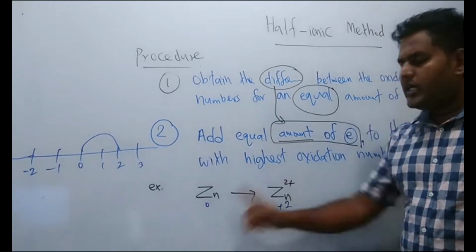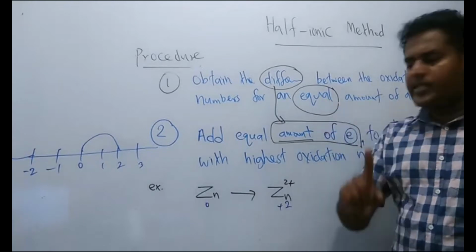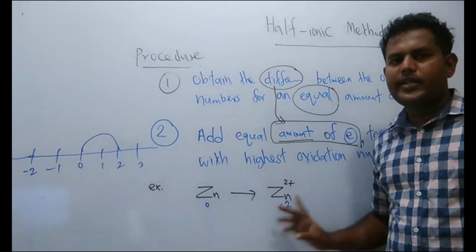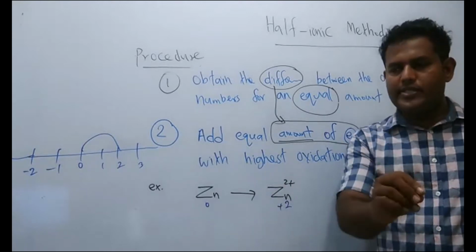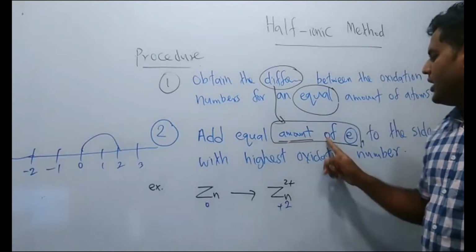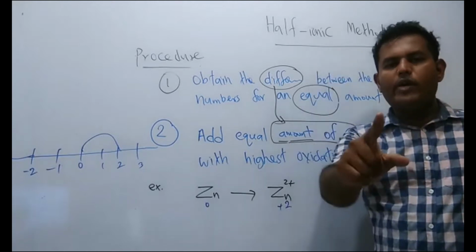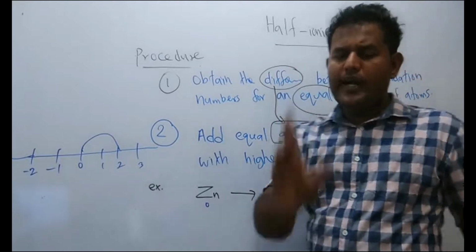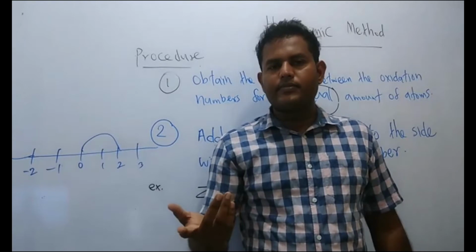So is it an equal amount of atoms? Yes. I have considered one zinc atom here and one zinc atom here, an equal amount on either side, and then I have considered the difference. The difference is 2. Then what you have to do is add an equal amount of electrons to the side with the highest oxidation number.